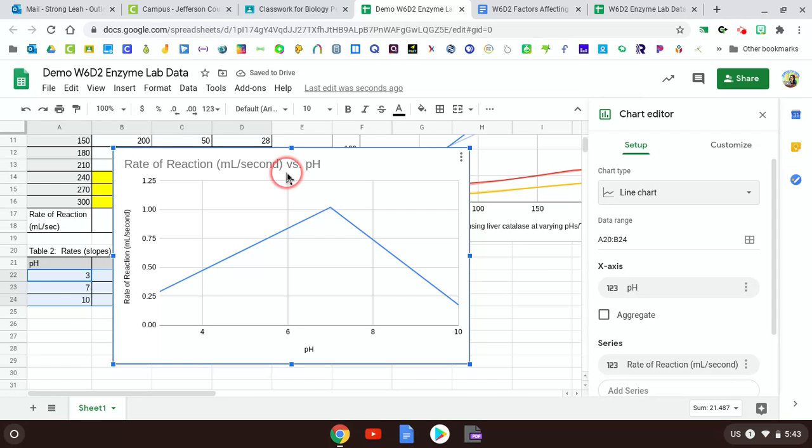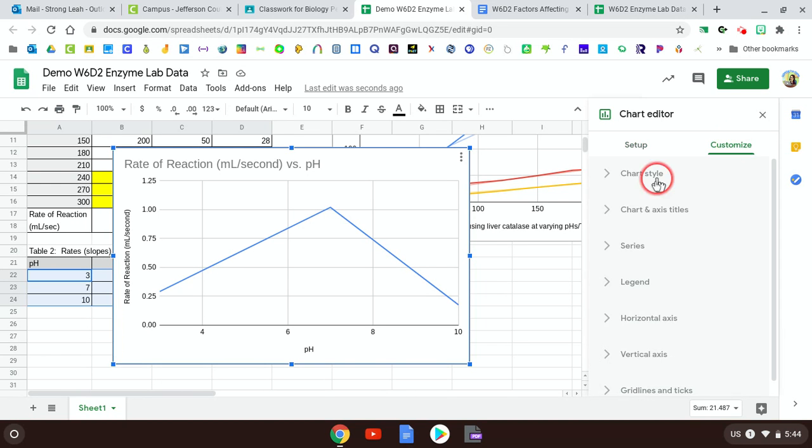Okay. Now that we have our line graph looking right, because the 7 had a really higher rate of reaction than our 3 or our 10. All right. So what we'll do is we are now going to run similar to a line of regression where we did the line of best fit, but this time we're going to use a line of best fit that is actually going to look at the parabola.